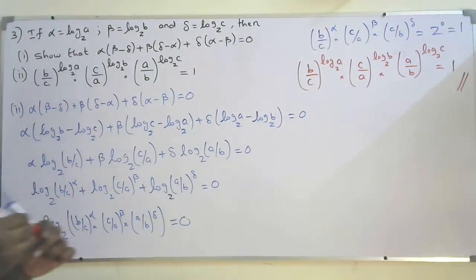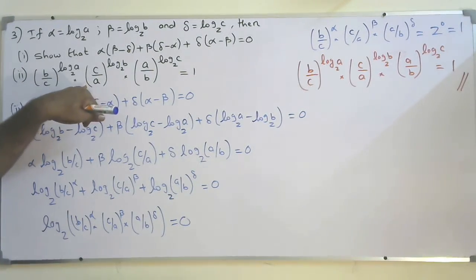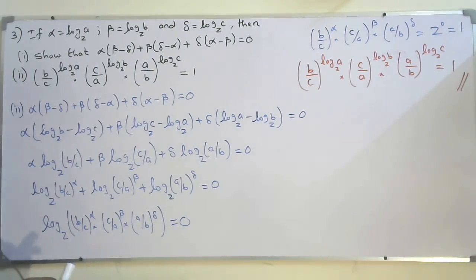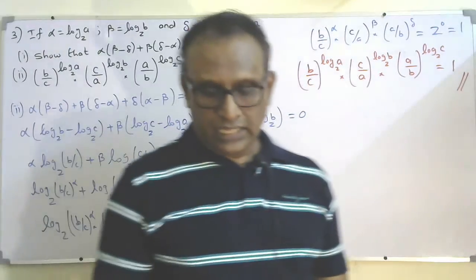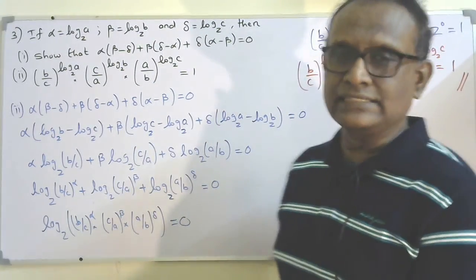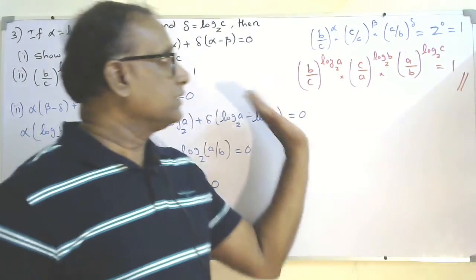See, that's the question to derive: b over c to the power log z of a, c over a to the power log z of b, a over b to the power log z of c equals 1. Okay, when we first see it, it looks a bit complicated, but it is nothing. If we follow the proper rules, that will help us get the proper answer.